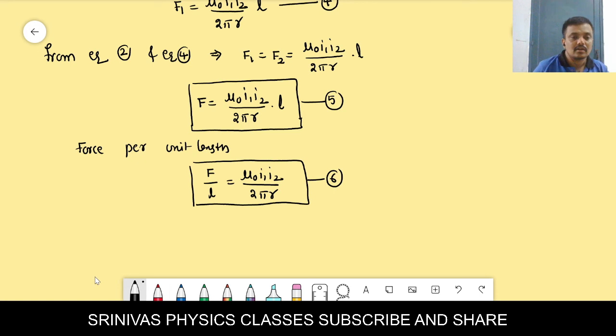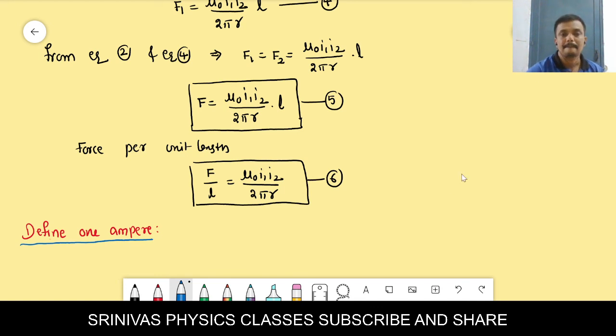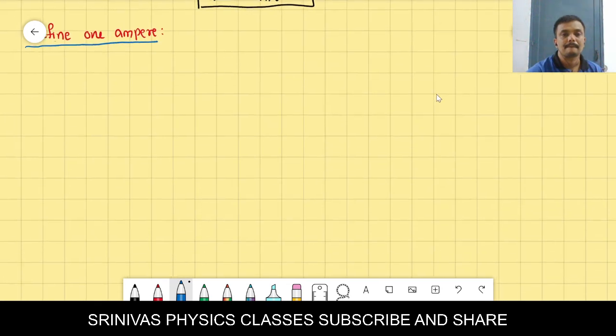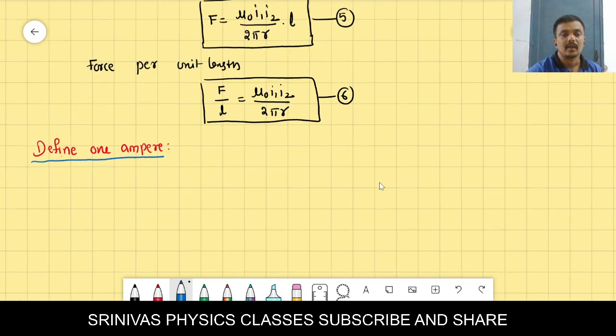Next, I want some note points: define 1 ampere. We have to define 1 ampere from the above equation. How to define 1 ampere?